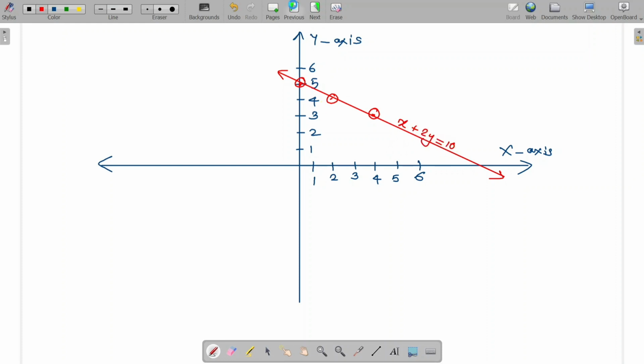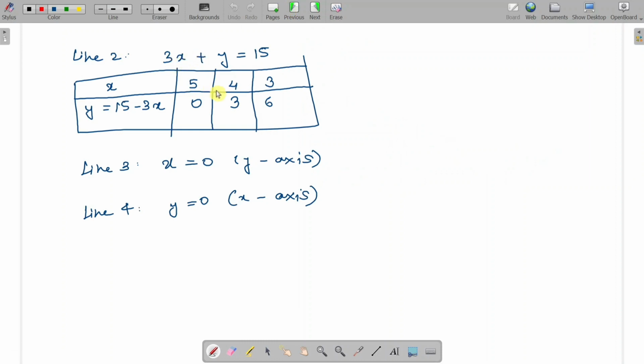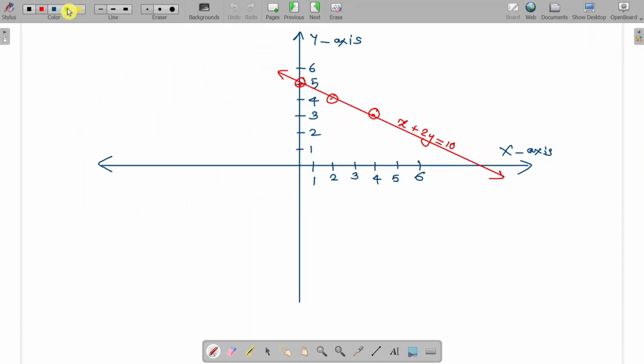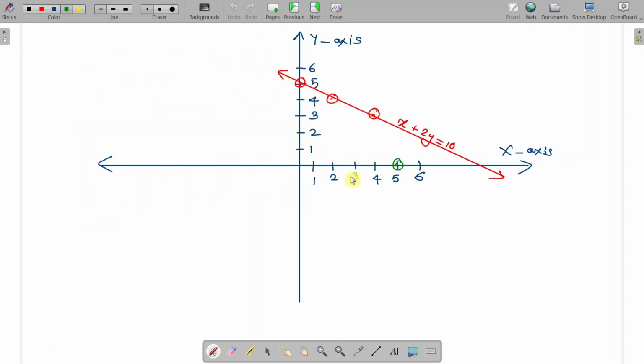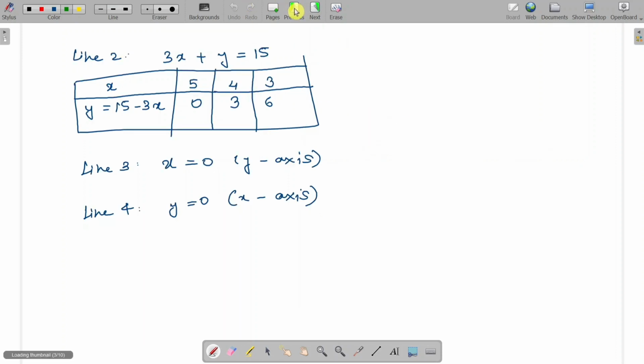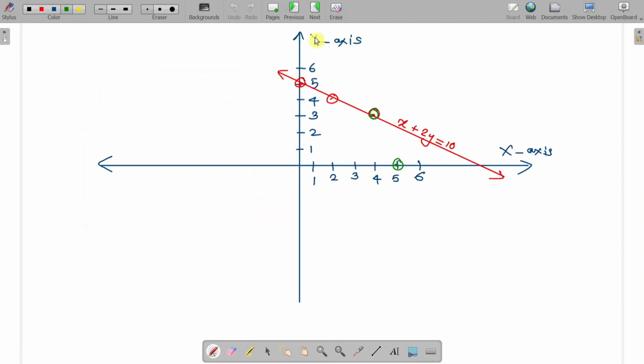Now let us draw line 2, that is this 5 comma 0, that is here. Then we have 4 comma 3, which is this point only here. Then 3 comma 6, so 3 comma 6 is here.